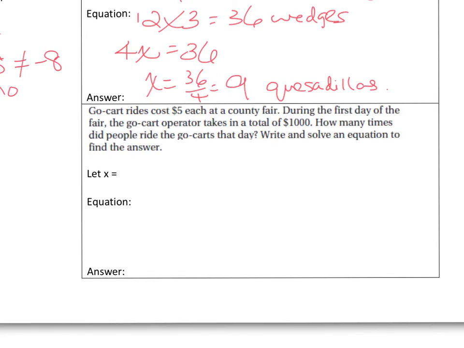Go-kart rides cost $5 each at a county fair. During the first day of the fair, the go-kart operator takes in a total of $1,000. How many times did people ride the go-karts that day? Write and solve an equation to find the answer.